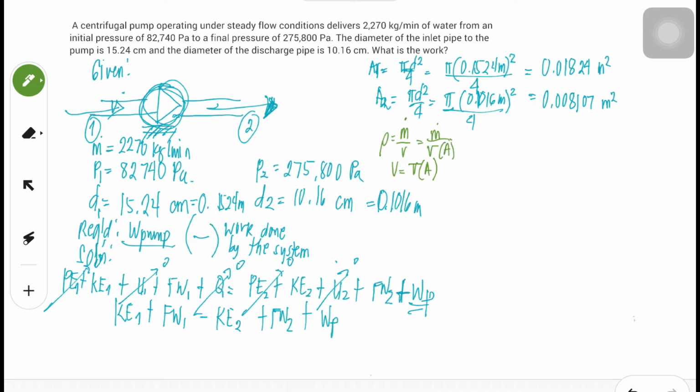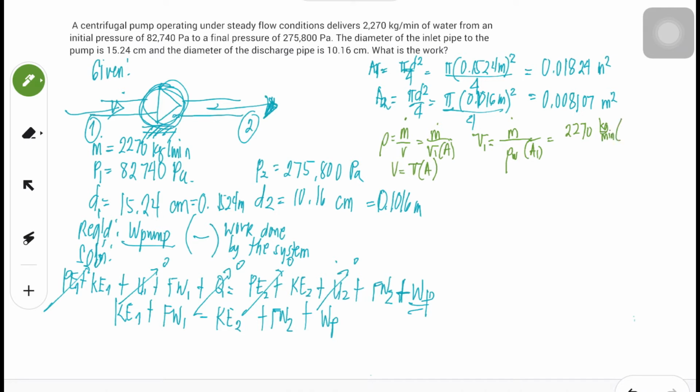Computing for the speed at point 1, we have the mass flow rate divided by density. Since this is just water, density of water times the area at point 1. What is the mass flow rate? That is 2270 kilogram per minute.